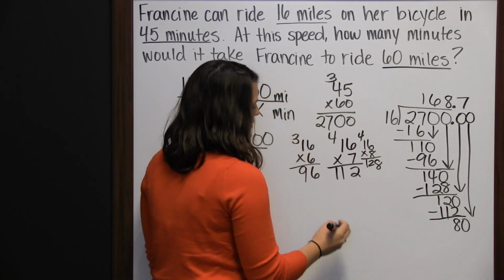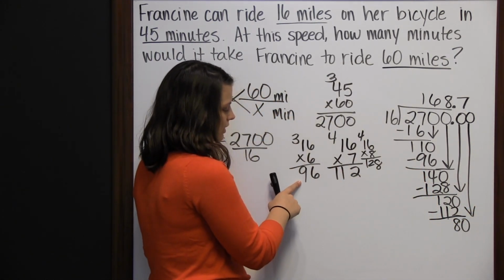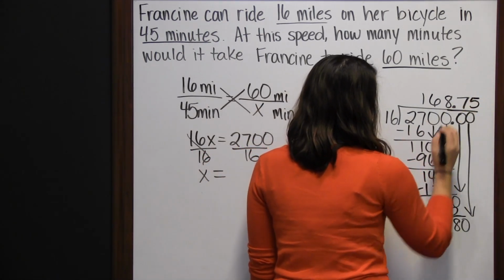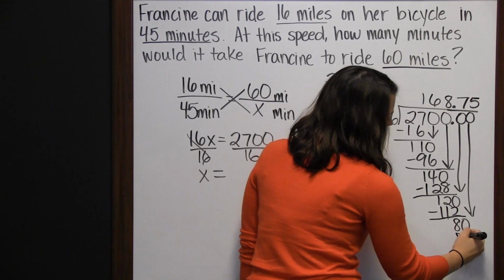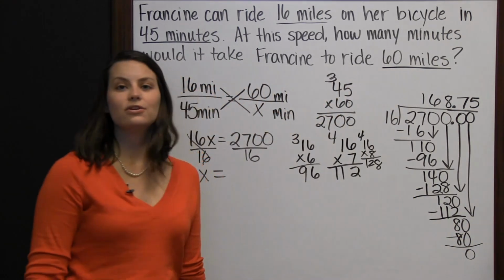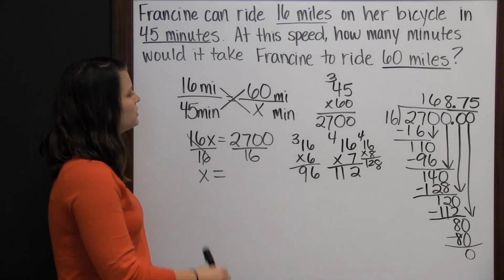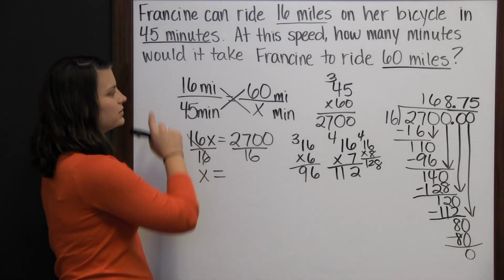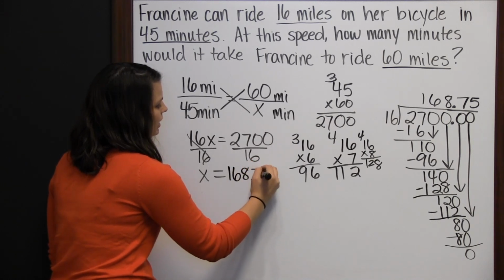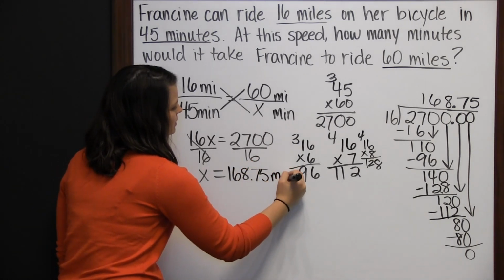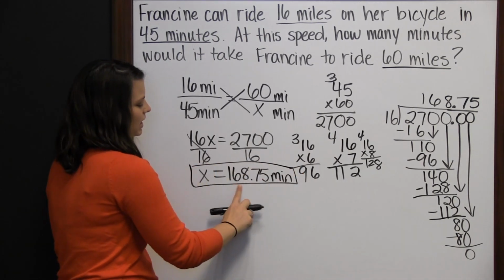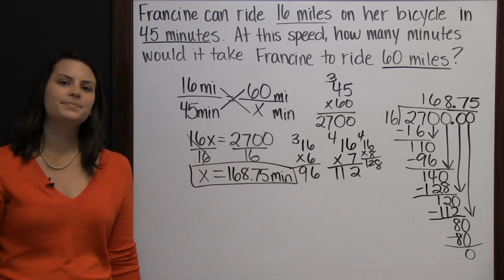And 16 goes into 80 less than 6 times, and actually exactly 5 times. 16 times 5 is 80. So we subtract and we get a remainder of 0. So that means if it took her 45 minutes to go 16 miles, it should take her 168.75 minutes to go 60 miles. And this is the answer you would grid in.